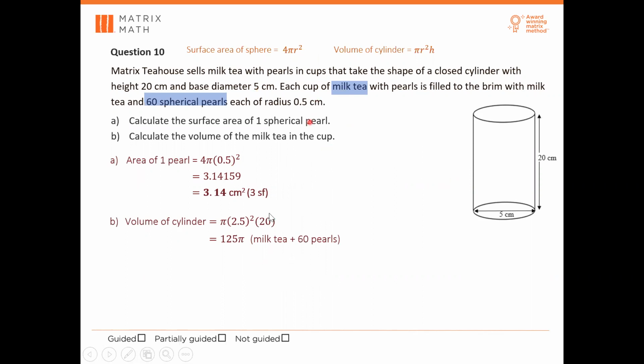The volume of the sphere, as we can recall, is 4/3 pi r cubed. So 4/3 pi r cubed, the r is 0.5, and we're just going to times 60 straight away. Again, I'm going to leave this answer in terms of pi first, which is 10 pi.